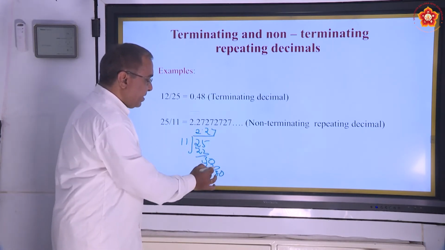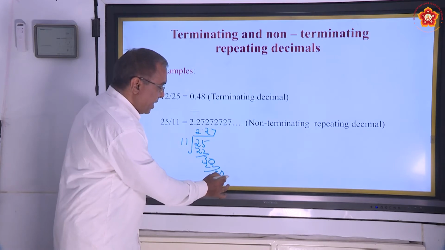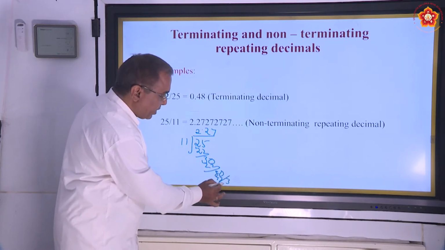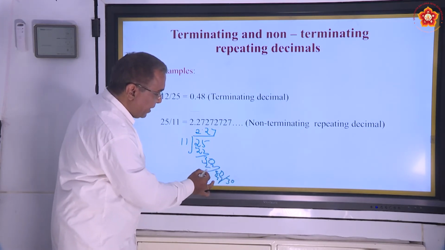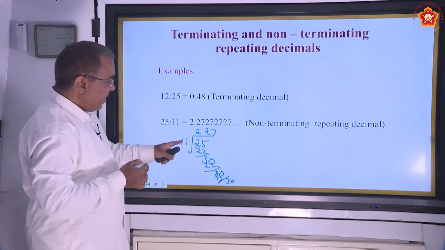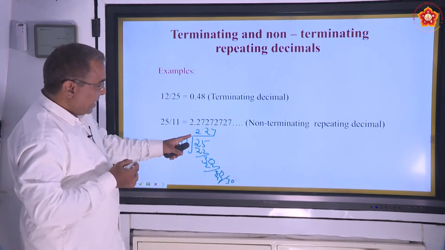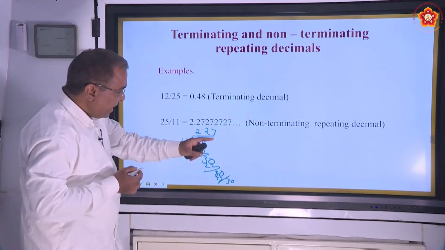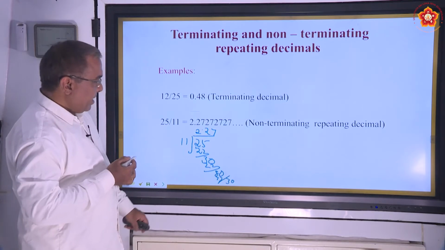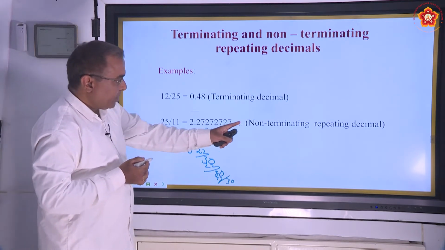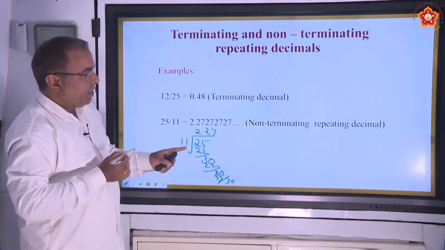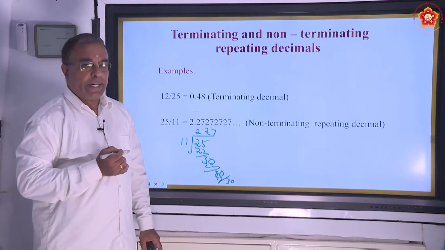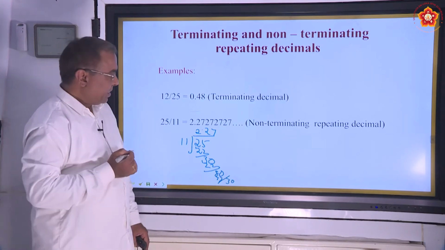Now 11 7s are 77, balance will be 3. See, again the same process will be repeated, it will be 30, then 22, like that. Every time you observe that it is repeating again and again: 2.27, 27, 27, 27, and so on. It is known as a non-terminating repeating decimal representation.